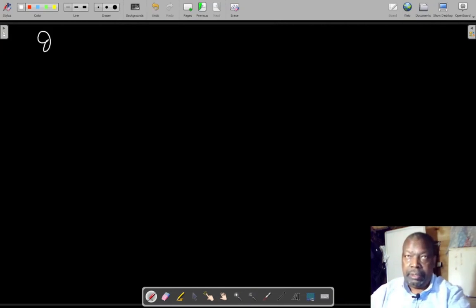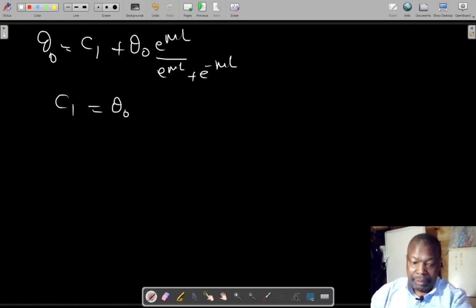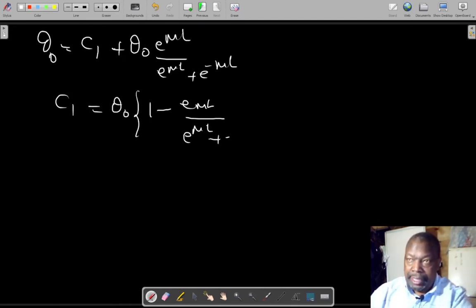Then, since theta naught is equal to C1 plus C2, it means that C1 is equal to theta naught times (1 minus e^(mL) divided by (e^(mL) plus e^(-mL))).